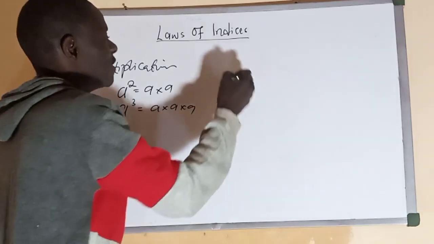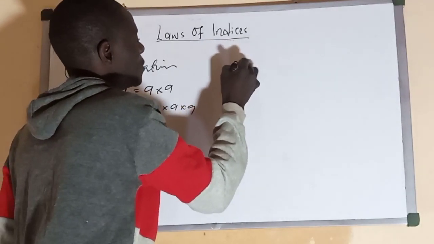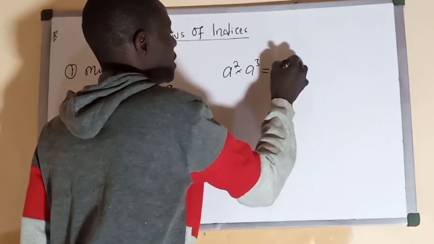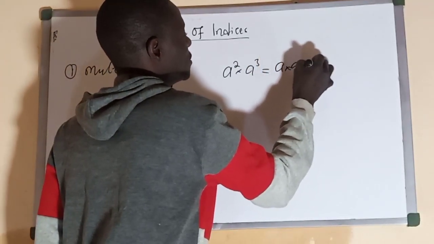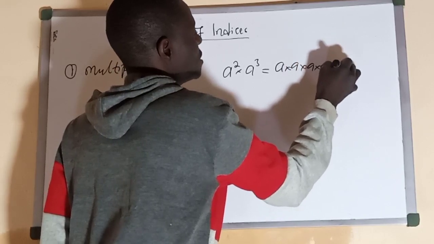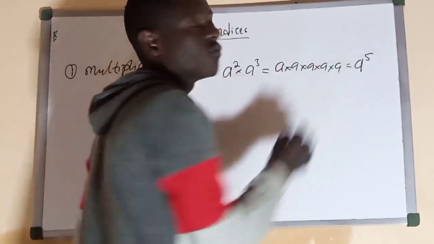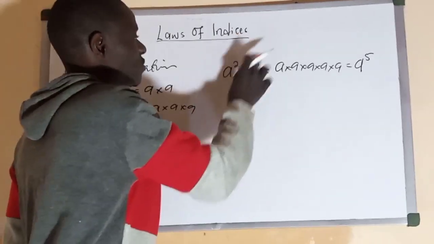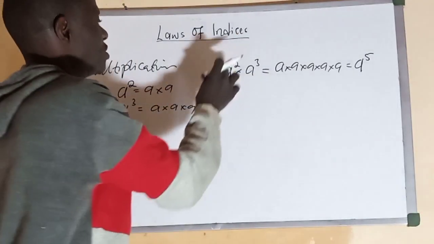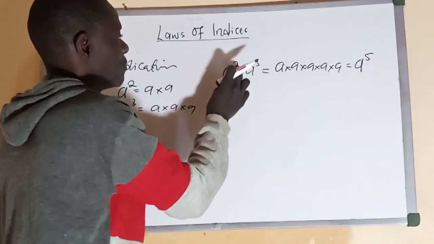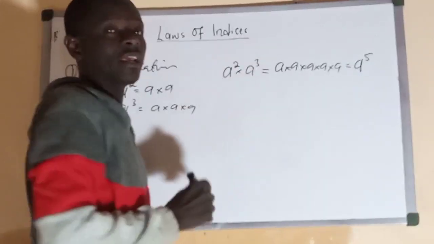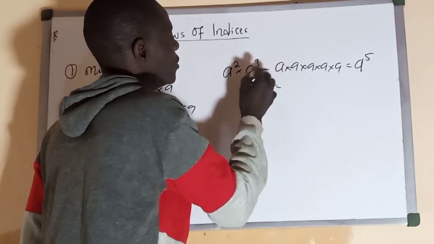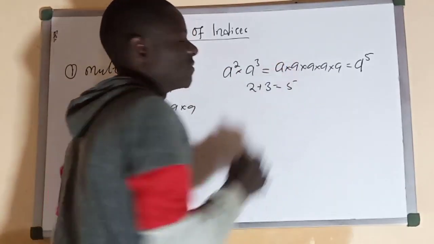So if we multiply a power 2 times this a power 3, we are going to have a times a times a times a times a, which is equal to a raised to the power of 5. Let us consider this relationship between the powers. We have 2, we have 3. If you add 2 plus 3, we are going to have 5.